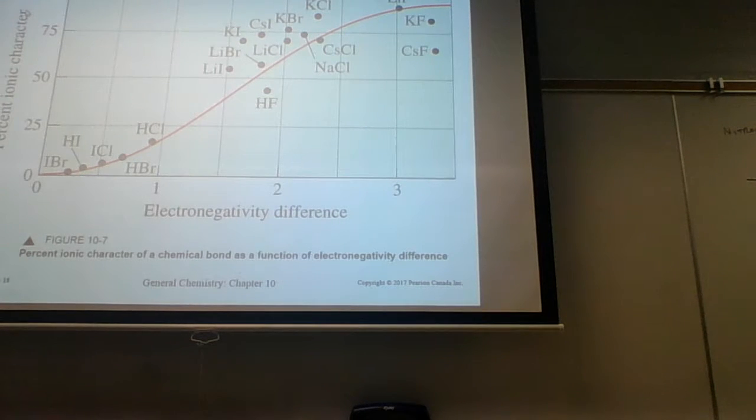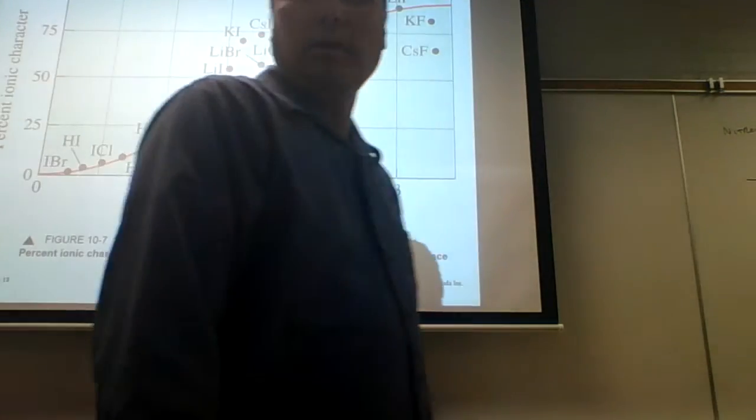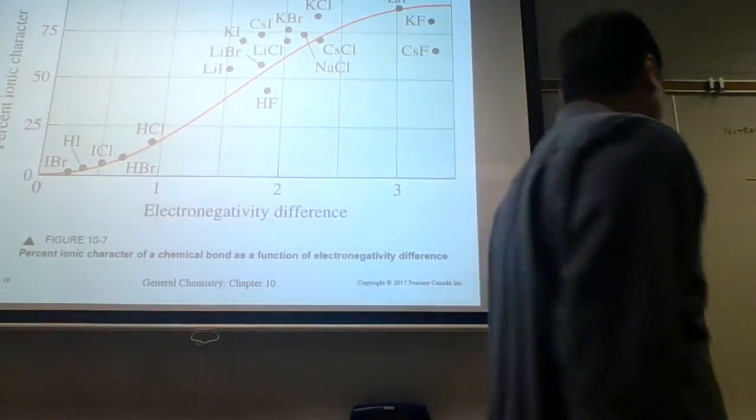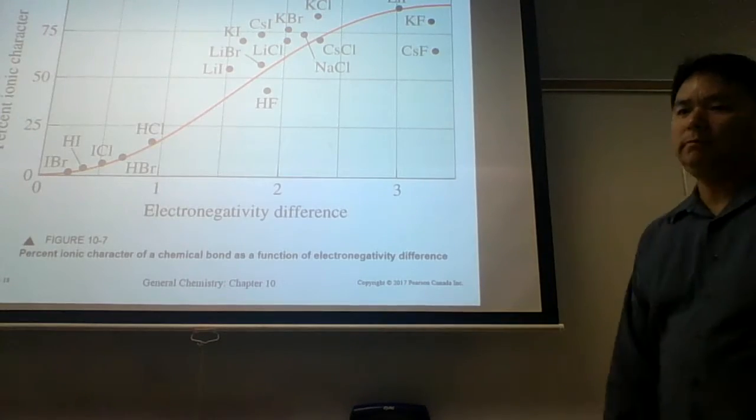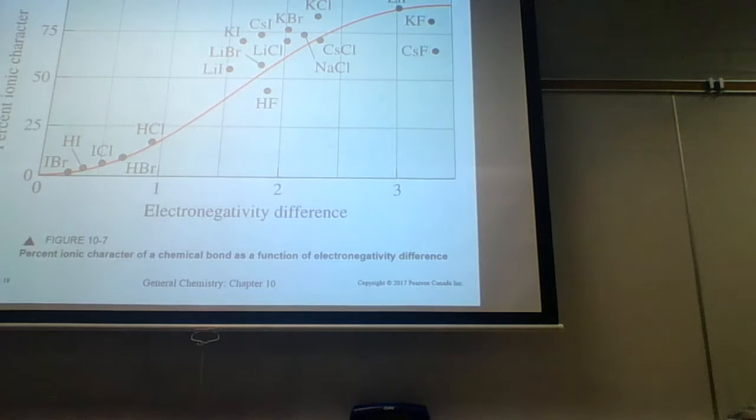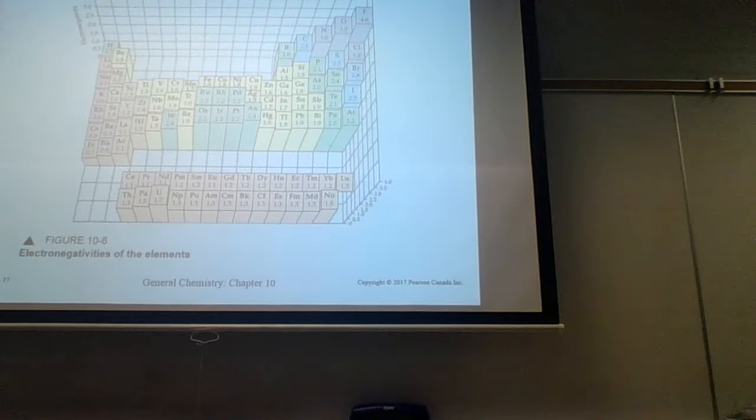All right, this is just showing the electronegativity difference because we write Lewis structures differently. We have Lewis structures for ionic compounds and Lewis structures for covalent compounds. And so that depends on the difference in electronegativity.